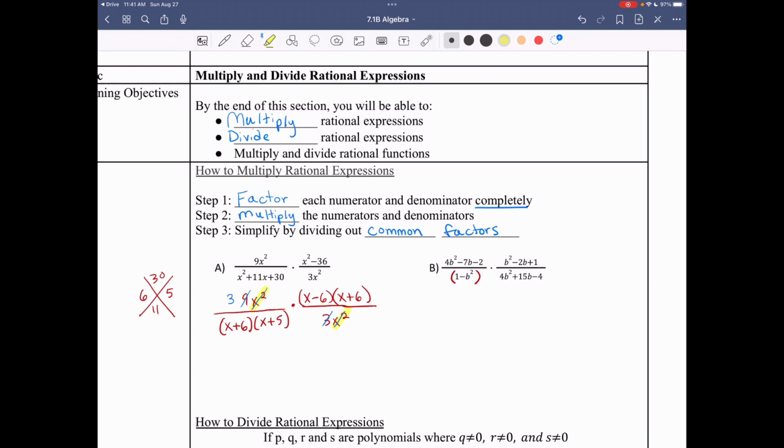And then we can also cancel this x plus 6. So what we're left with is 3 parentheses x minus 6 and x plus 5. And we'll leave it like that. That is as far as it can simplify, and that's what we get when we multiply it out.